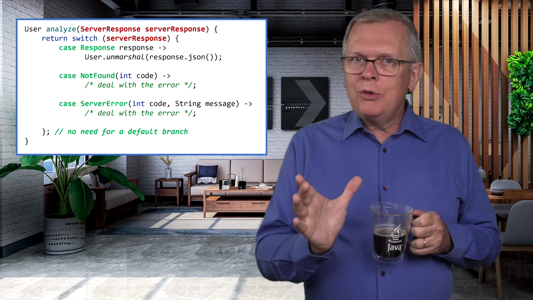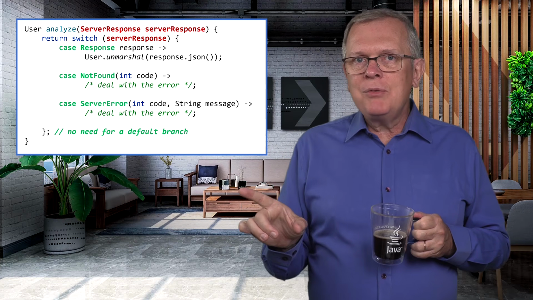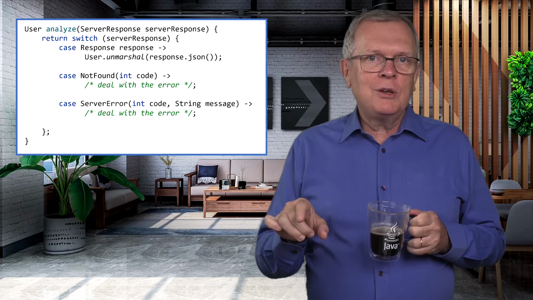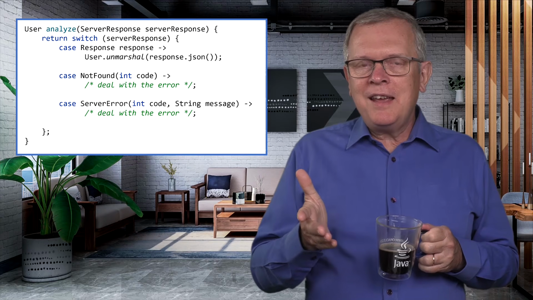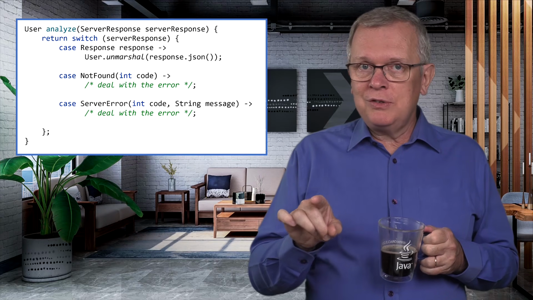That also works very well if at some point in the future, in the lifetime of your application, you need to add or remove some of your implementations. In that case, the compiler will help you, telling you if there are missing branches in your switch.